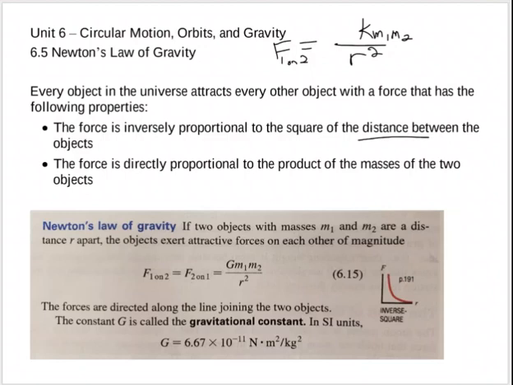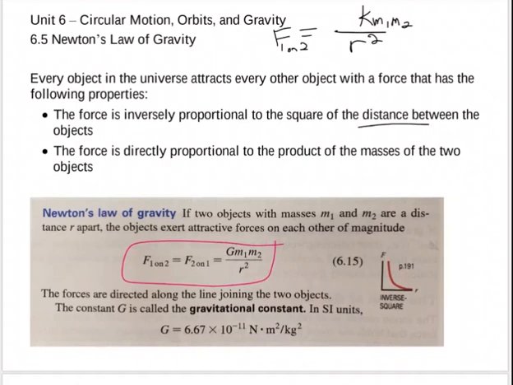Now, down here, we can see what Newton's law of gravity is. It just doesn't have the letter K. It has a capital G. So we just have to learn what that capital G is, and basically we have already written what Newton's law of gravity is, okay? Gravity's older brother. Gravity's older brother, yeah, that's right.